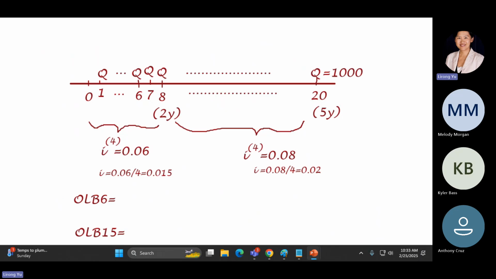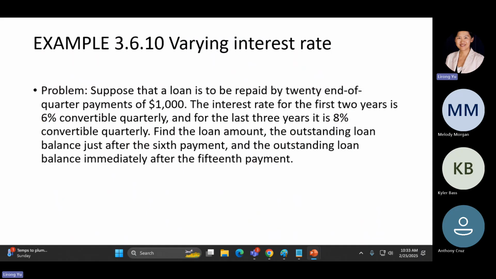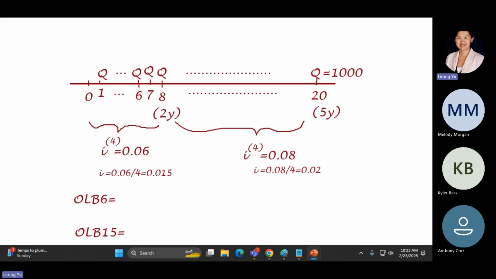All right, if you look at the whole setting, the cash payment is always 1,000. And between time 0 and time 8 we have 8 quarterly payments. They're compounded quarterly, so the i(4) is a quarterly interest rate. You have to divide it by 4 to get the interest rate per payment period.